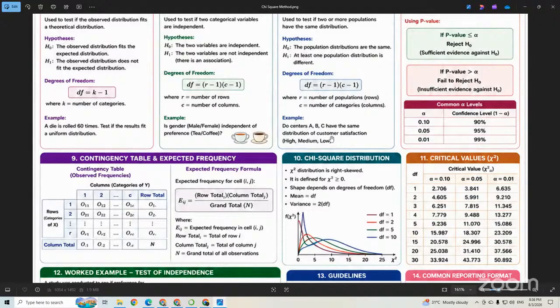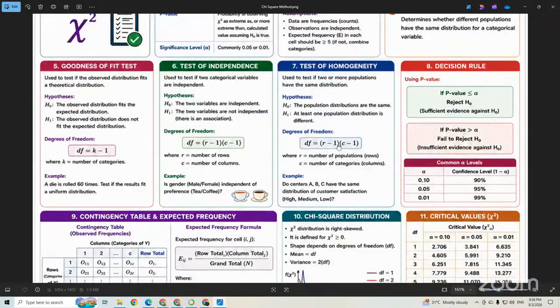How many rows are there, how many columns are there? Because here we have both X and Y variables, X categories and Y categories. So if you want to calculate the degrees of freedom, this is the formula: DF equals (R minus 1)(C minus 1). When we have one dimension, we have only R minus 1 or N minus 1. Here we have two dimensions, so this is the degrees of freedom to compute.